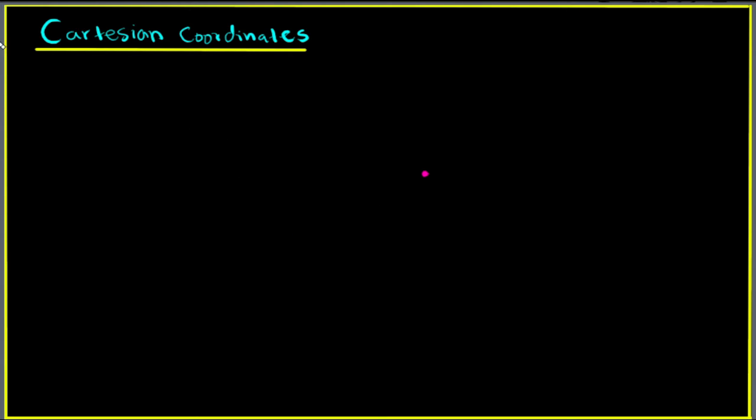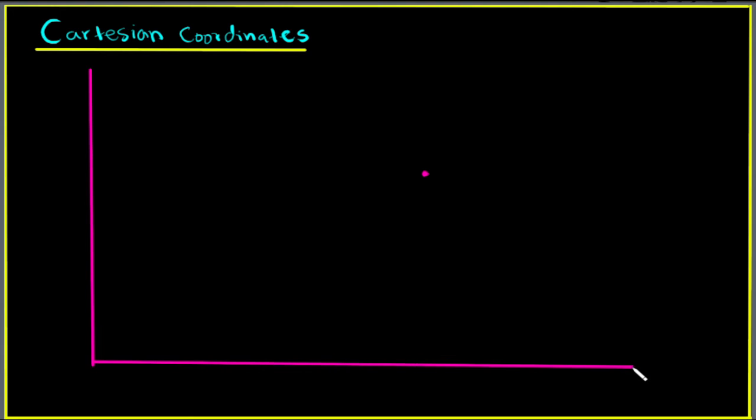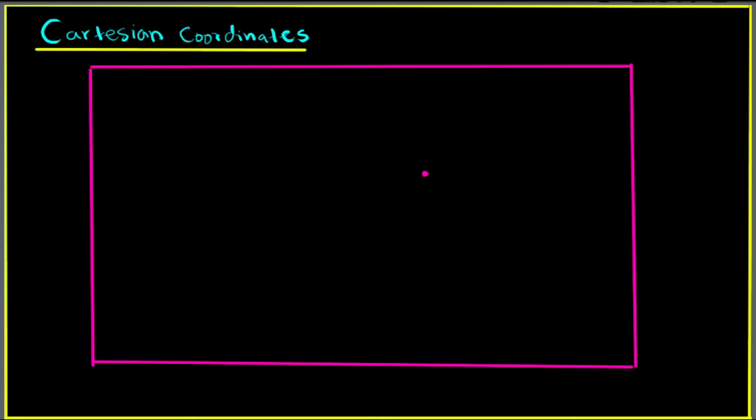For example, you can first of all have a grid like this. So you make a box around the point that we are actually interested in finding the location of, right? So we are interested in finding the location of this point P, for example.